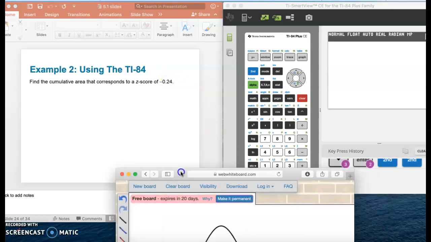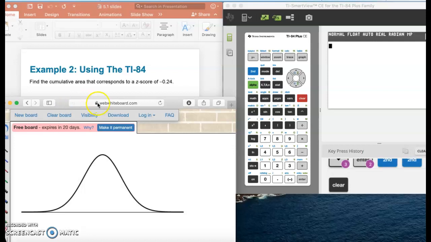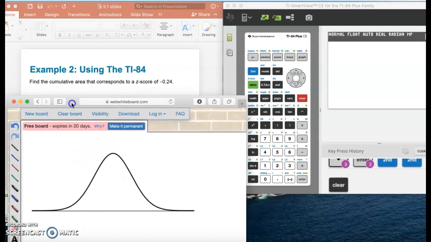So I have this whiteboard app here. Let's just draw that out. So I know that we're in the standard normal. So if I draw, the mean is going to be right in the center of my curve here, and the mean is 0.